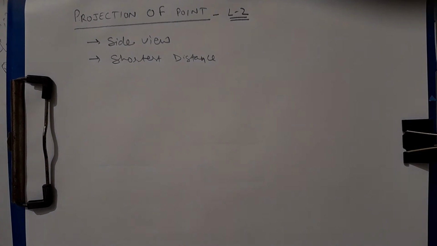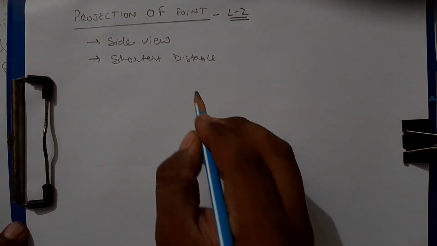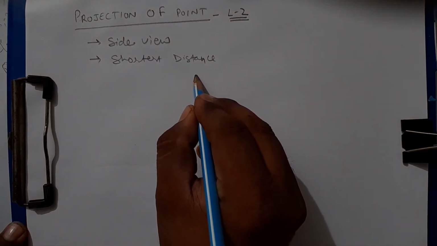On your right hand side plane you will be getting the view from the left hand side. That is known as left hand side view. On your left hand side plane you will be getting the right hand side view.